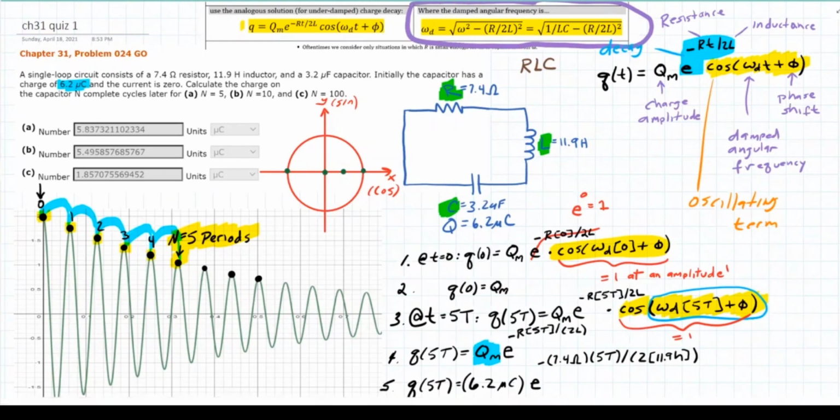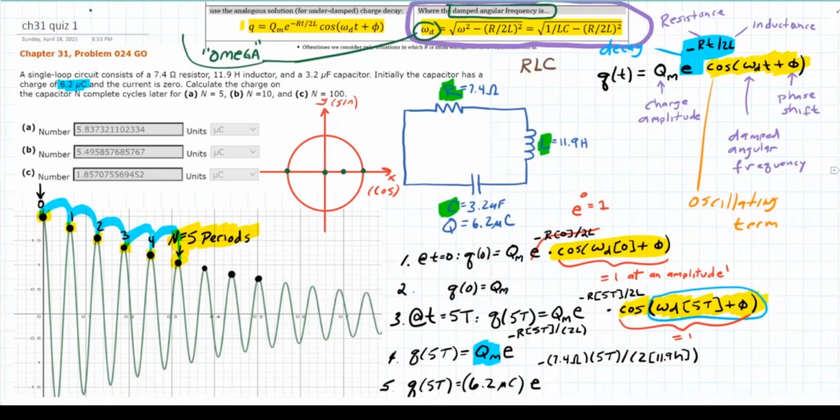This is not W, this is omega. It's the Greek letter omega, and it refers to damped angular frequency. If I didn't have any damping, this whole term would go away, so you can see where the correction comes in. I'm going to use this expression to figure out that T value.